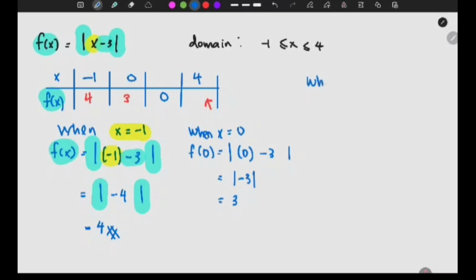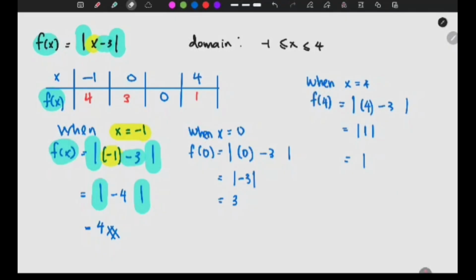Don't forget the modulus, minus 3. Your x is now 4, substitute 4. So 4 minus 3 is 1. So positive or negative number, your outcome is always positive. So it remains the 1. Your 1 remains as 1. No change to the 1.